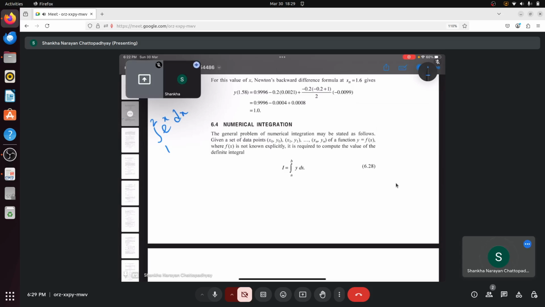Now if I tell you to integrate it, you can easily integrate it as e to the power x from 1 to 2, so that will be e square minus e as the answer. So it is a very basic integration.